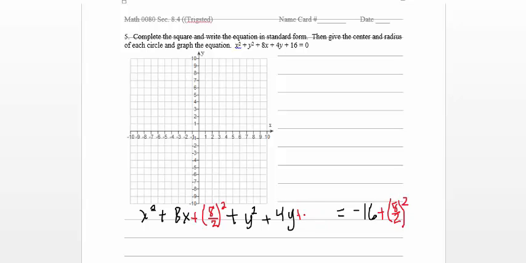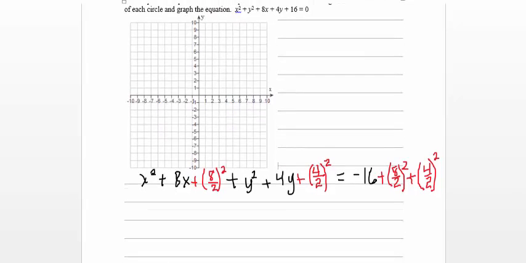Now to complete the square with y, I'm going to take half of the variable to the first power coefficient and add that to both sides of the equation. So notice in each case, I'm taking half of the coefficient of the variable to the first power.